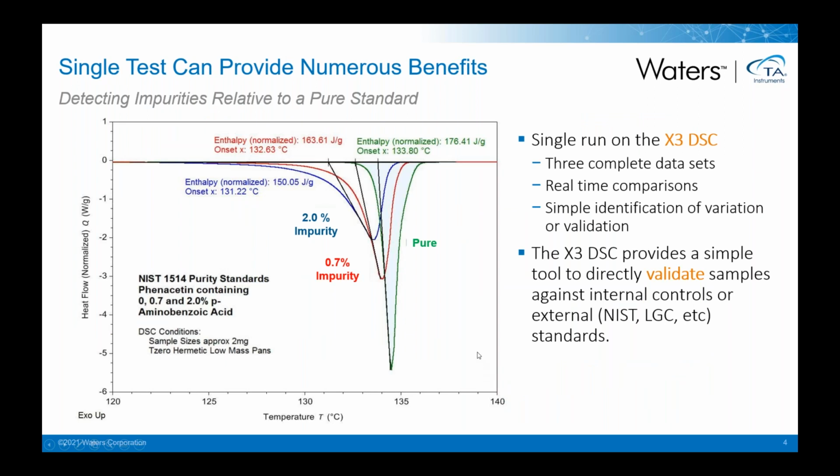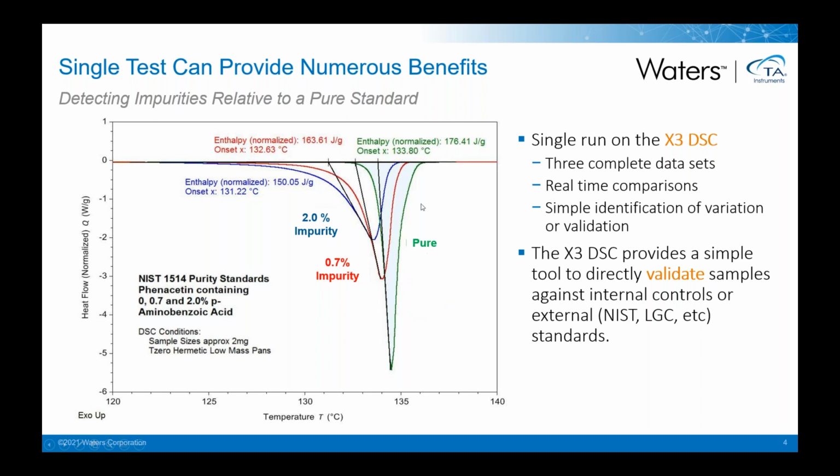So, a single test can provide numerous benefits. Obviously, as I mentioned already, 3 complete data sets in a single run, real time, easy to see comparisons, simple identification of variations in your materials, or even a validation with a control or a standard. You can see in this particular example, what would have taken either 3 instruments or 3 tests run in series, we have made 1 measurement and we have 3 samples of varying levels of impurity.